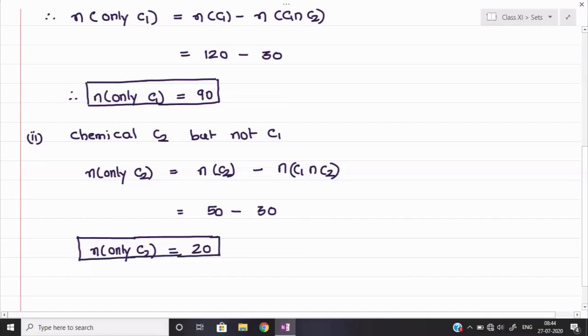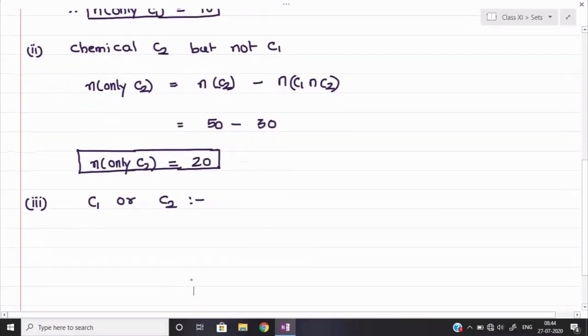Okay, now the third part, what are they asking? C1 union C2. So here I will write C1 or C2, that is what they are asking. Here or means union, meaning affected either by C1 or by C2 or by both. Okay, so anyone or both of them we are taking here.